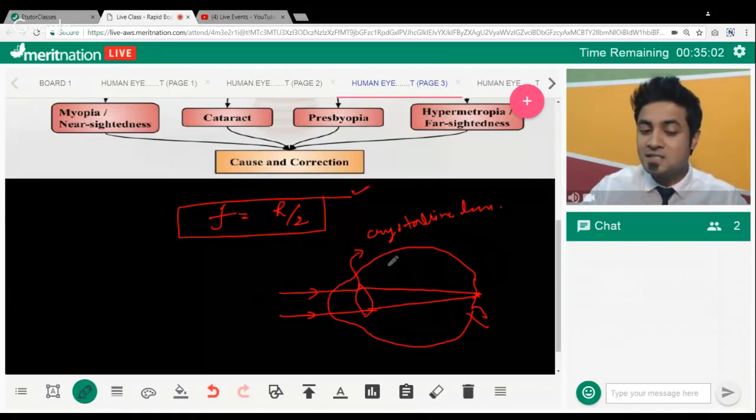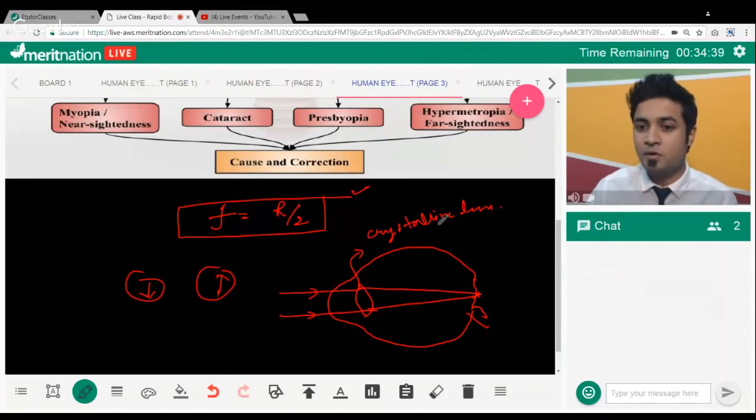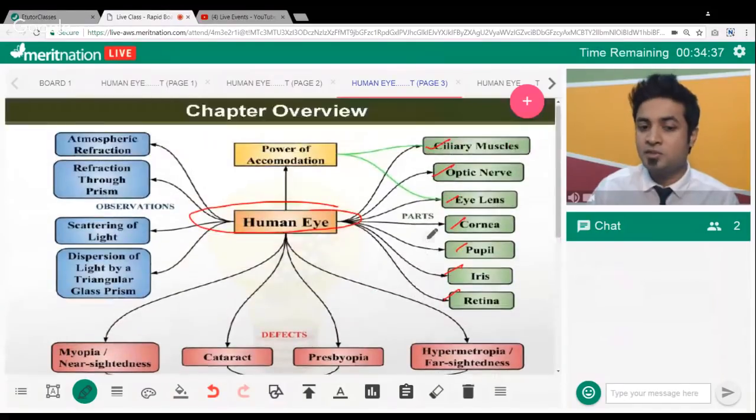You know that this is nothing but a convex lens, so the image will be formed inverted, and this image is going to be very, very small. The optic nerve sends the electrical signal to the brain, and the brain flips the image again. That's why all these images are seen as erect instead of inverted. So this is the function of the optic nerve.